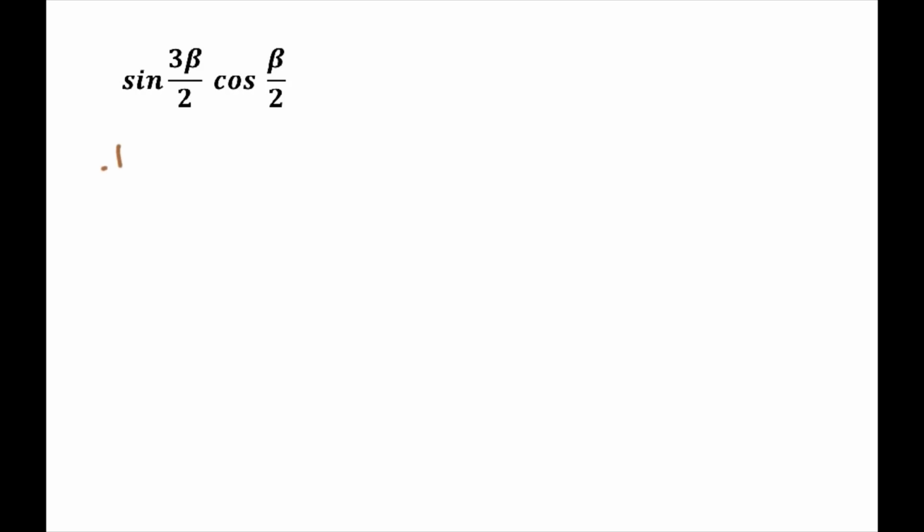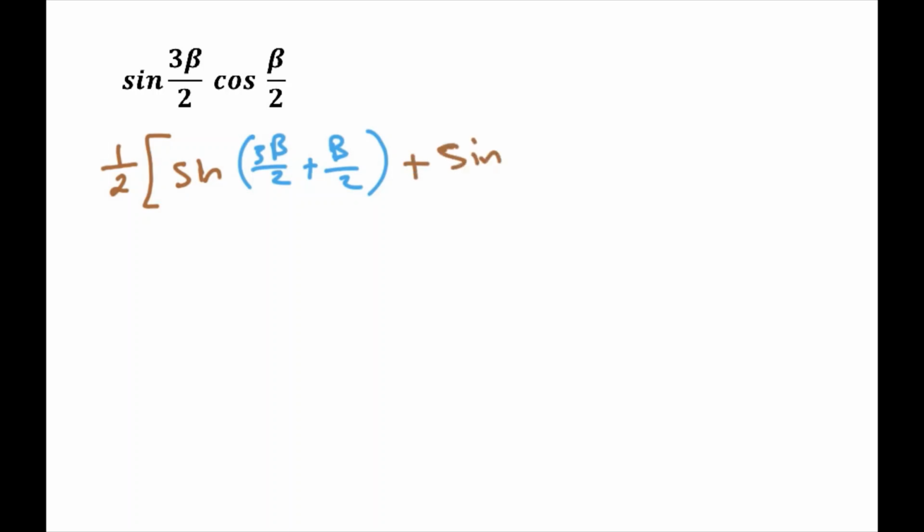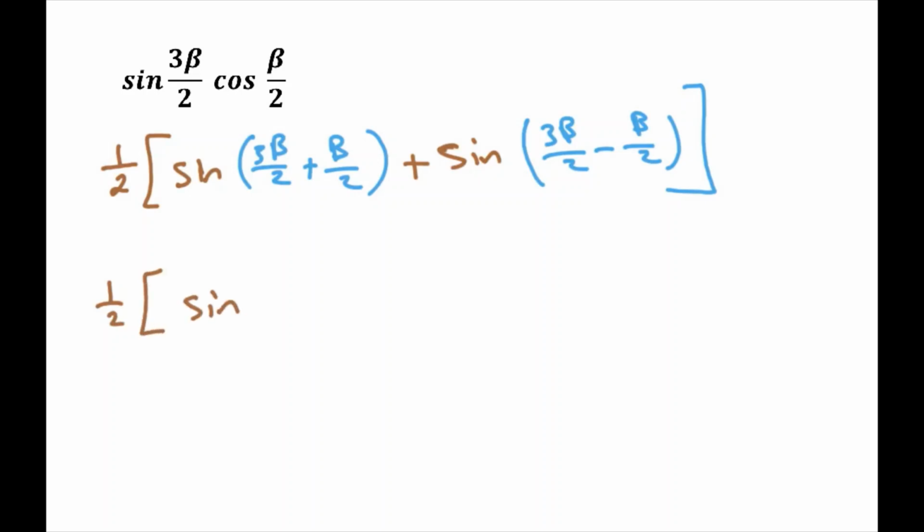So it will be 1/2 sine 3 beta over 2 plus beta over 2, which is 2 beta, plus sine 3 beta over 2 minus beta over 2, which will be beta.